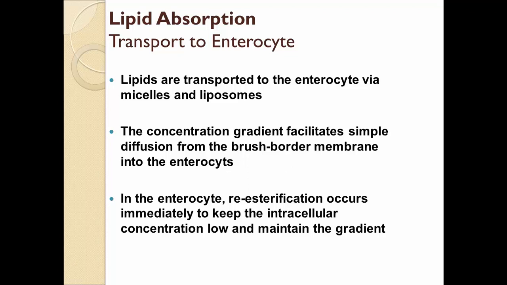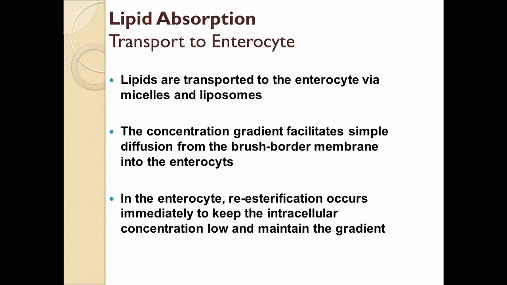This concentration gradient will help more lipids be absorbed into the enterocytes, right? So again, once the fatty acids are absorbed into the enterocyte, they are immediately re-esterified back to triglyceride, keeping the free fatty acid level low inside the enterocytes. And the second important thing is that fatty acids, once they enter the enterocyte, are usually transported by so-called fatty acid binding proteins, right?